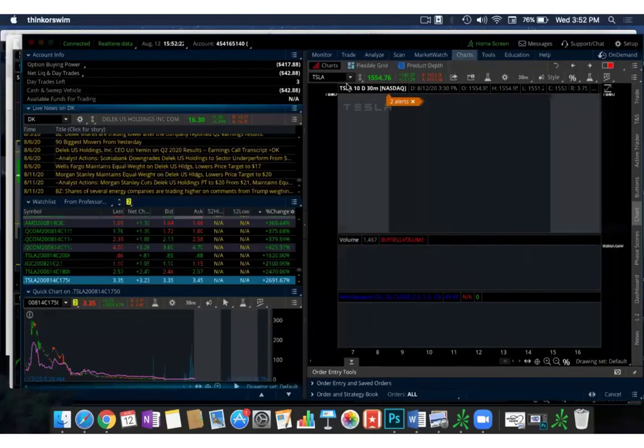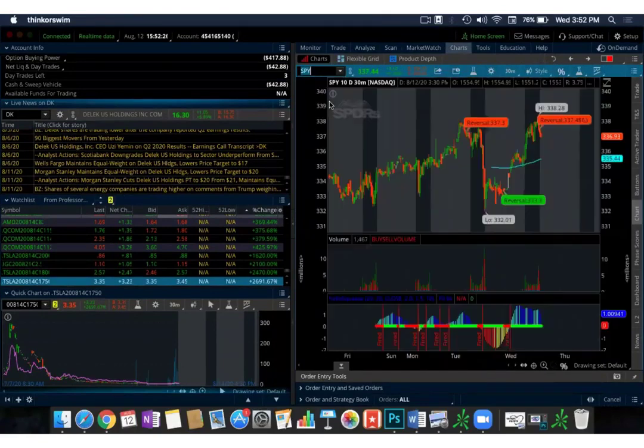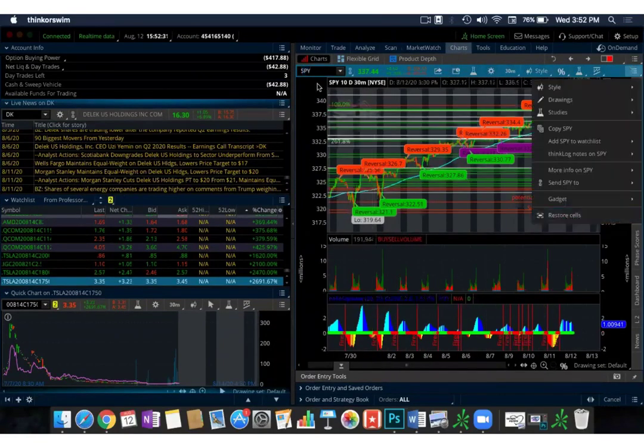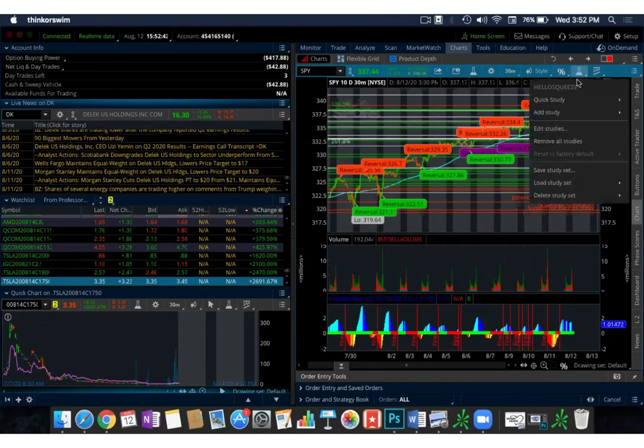But I'll go back to here on my SPY chart. If I can probably close this so we can get a better view. I see you still have the one with the wording. I'll send you the one with just the arrows, so you could use the reversals. Yeah, because it gets in the way. Yeah, it blocks a lot of it.